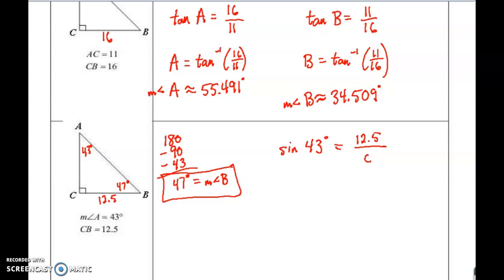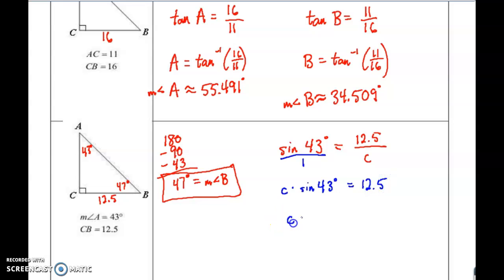And how I typically teach it, and it seems to work, is I think students are really good at cross multiplying and dividing. So sine of 43 you can put over 1. I've had a lot of success teaching this where students understand that it's C times sine of 43 degrees is equal to 12.5 times 1, which is just 12.5.